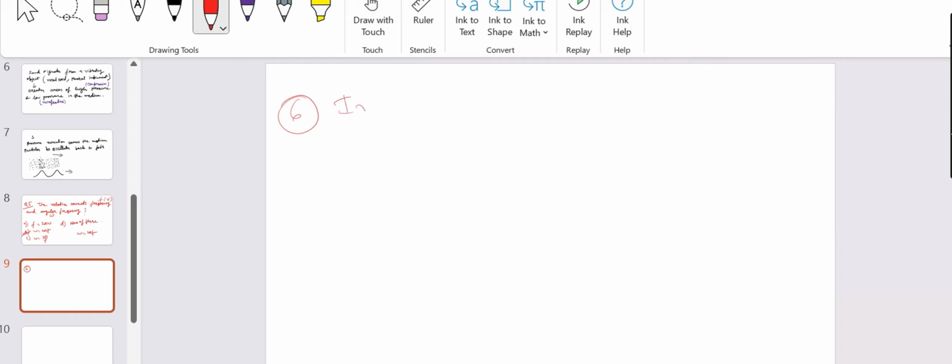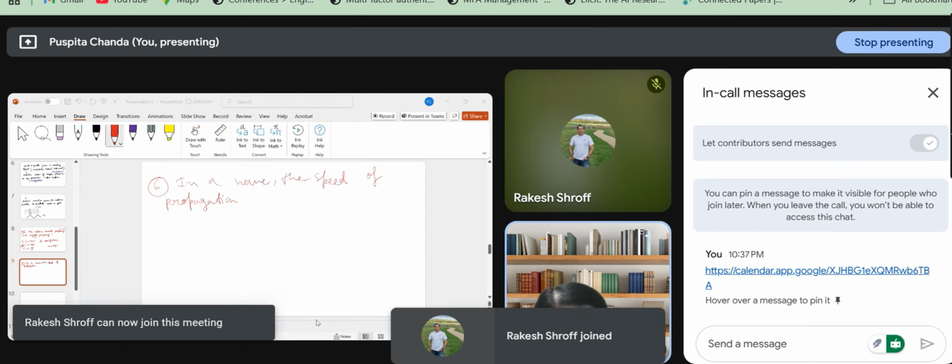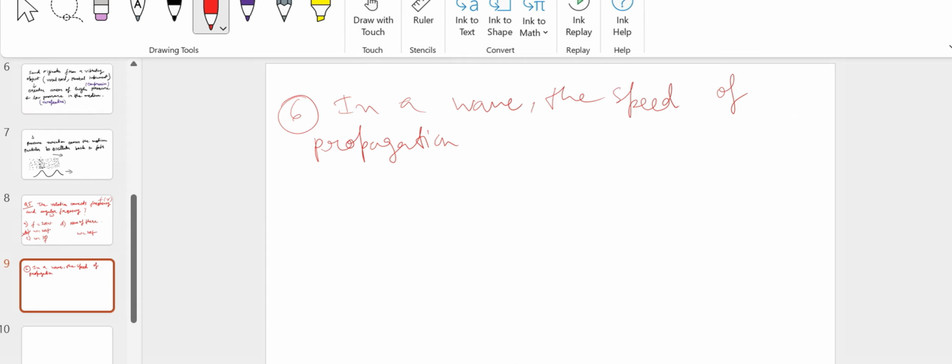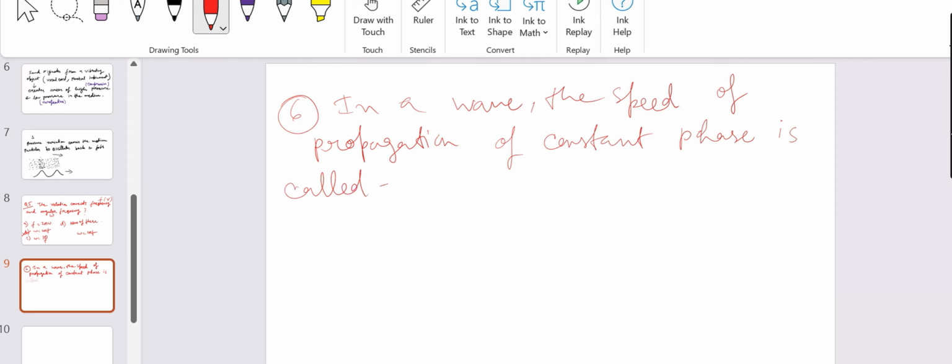Question number 6: in a wave, the speed of propagation of constant phase is called: A, omega, or angular frequency; B, propagation constant, or k; C, group velocity, phase velocity, sorry; and D, amplitude of the wave.